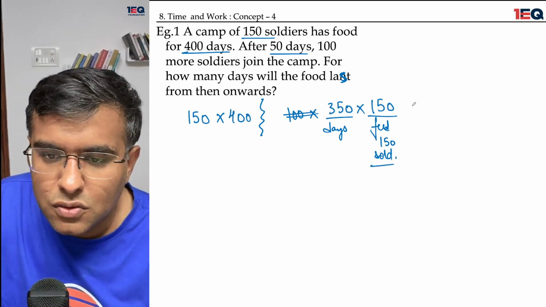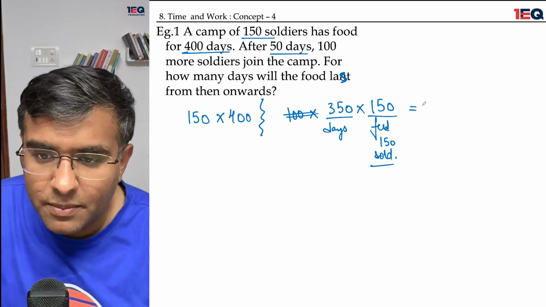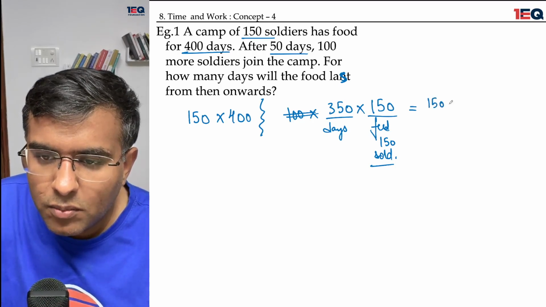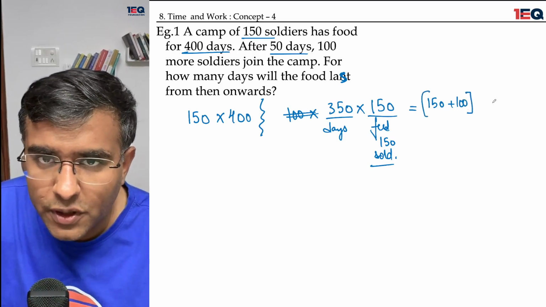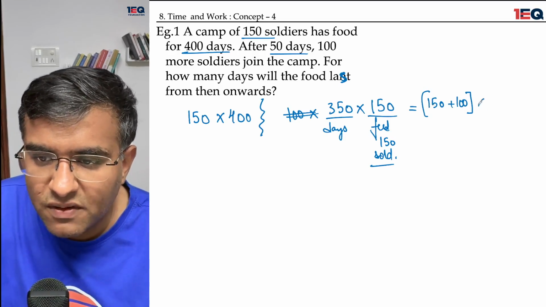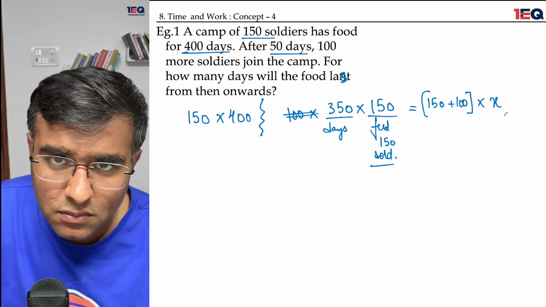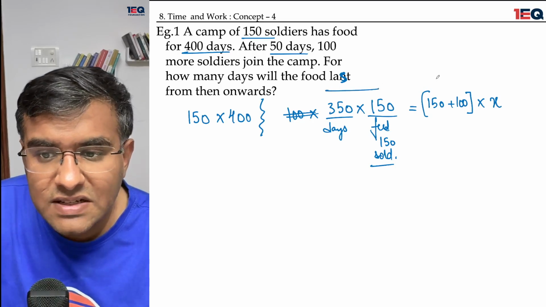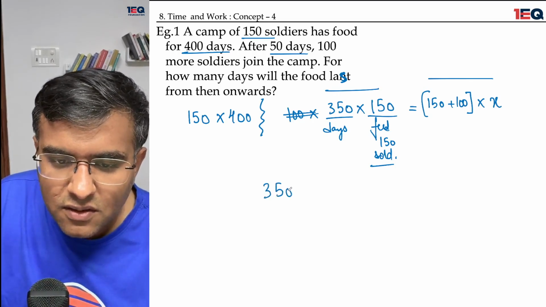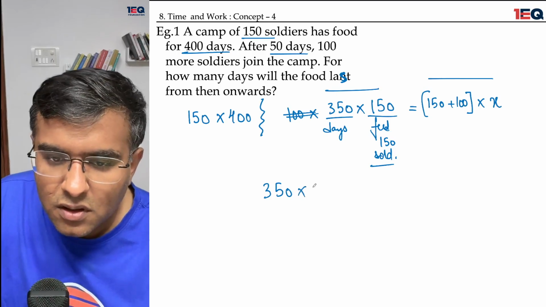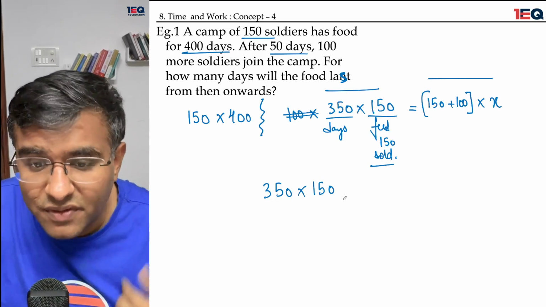Right? So this is equivalent to now how many soldiers have come and joined? 150 plus 100. This is the new set of soldiers. So 150 plus 100 makes it 250. Now I need to say how many days the food would last. 350 days are left. 150 people were to be fed.